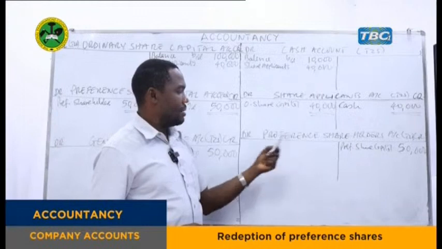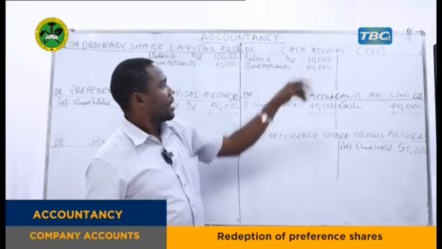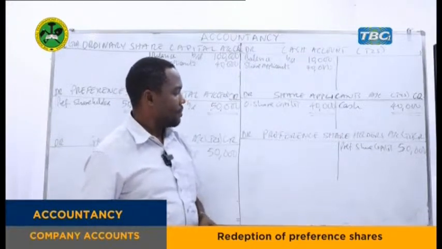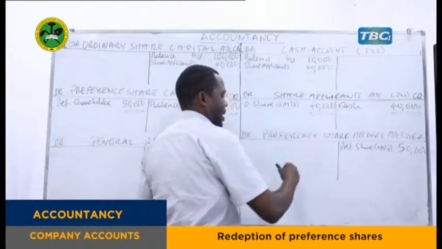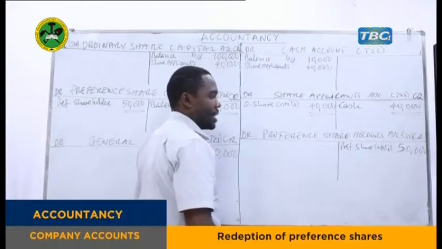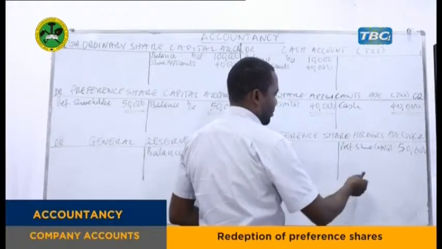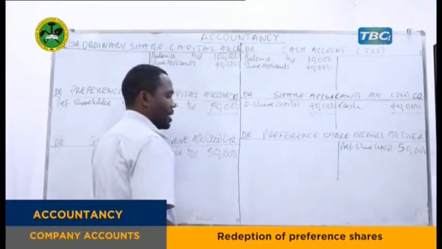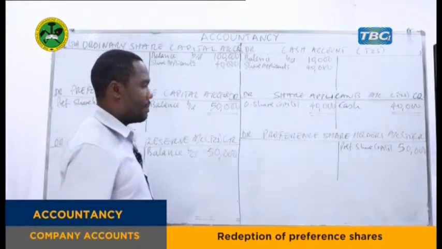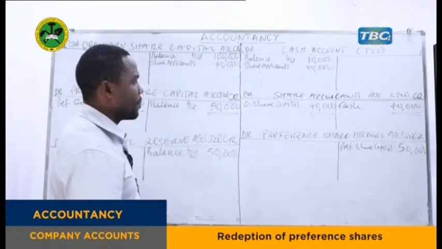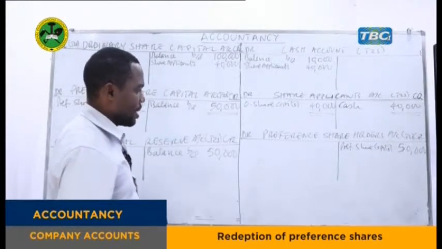If these shares could be redeemed at a premium, and of course we could have a sufficient amount to include even the premium, we could pay by cash the amount inclusive of the premium on redemption, and then you adjust for the premium. The premium on redemption, of course, you know how to operate it. It will be offset either through general reserve or P&L. It depends on the internal source. Even if there could be a premium balance, if these shares were previously issued at a premium.